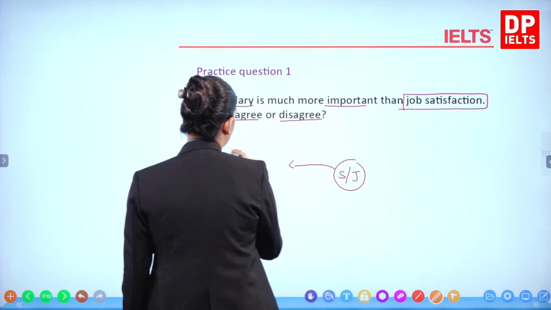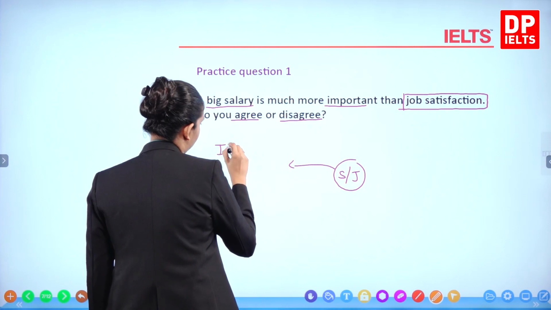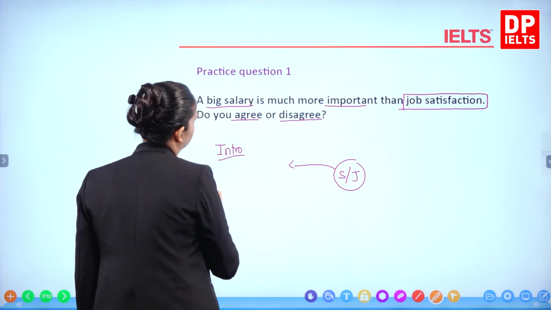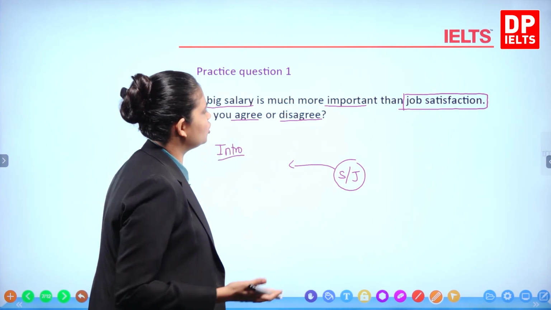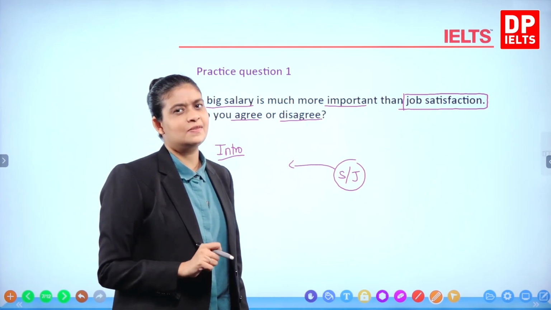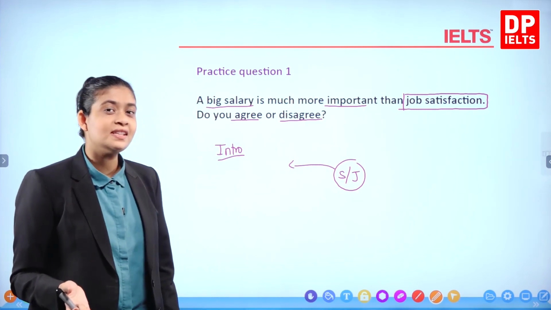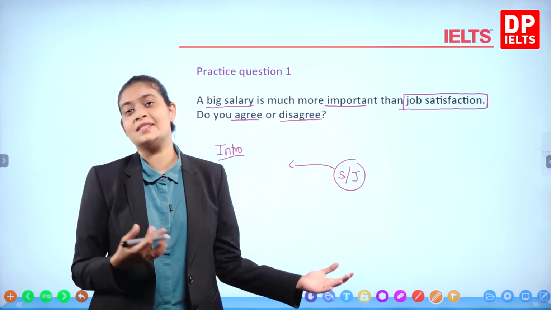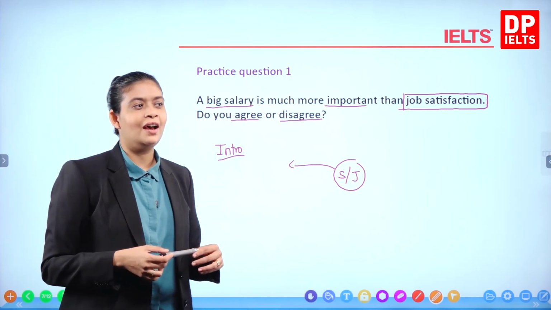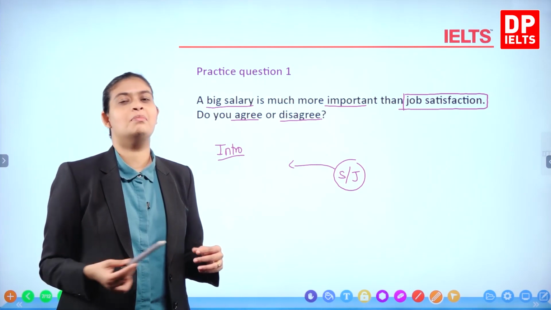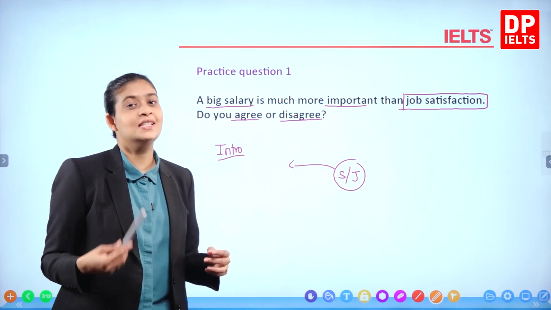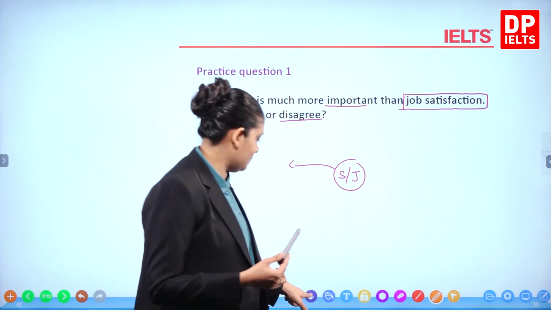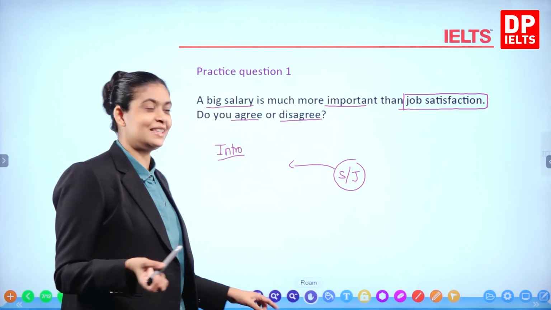So in my introduction, a big salary is much more important than job satisfaction. For me personally, I don't agree. Maybe you can agree, you can think money is important. In my life, I don't think money is that important. I think satisfaction is what really matters and that's why probably I'm doing such a job.